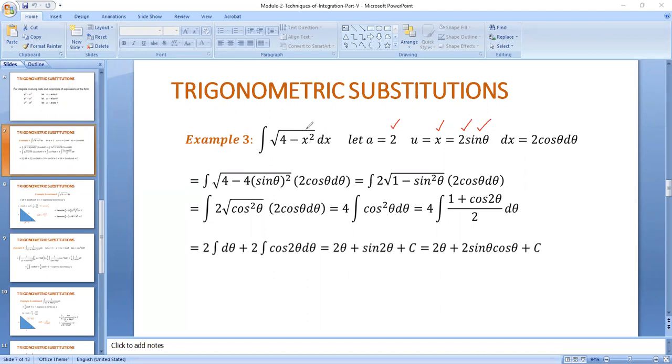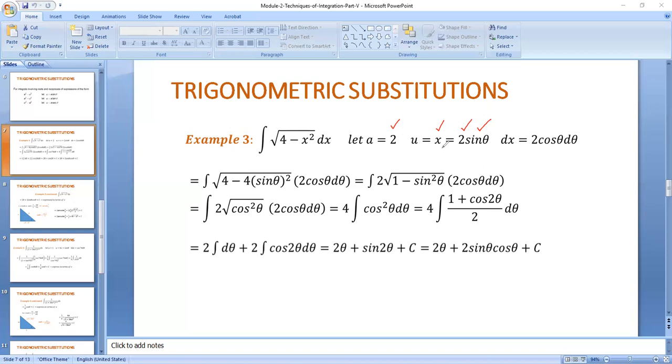In the same way that you have changed the x in terms of the new variable theta, there's also a need for you to change your dx to the variable theta also. So it should not be dx, but it should be d theta. So what do you do?